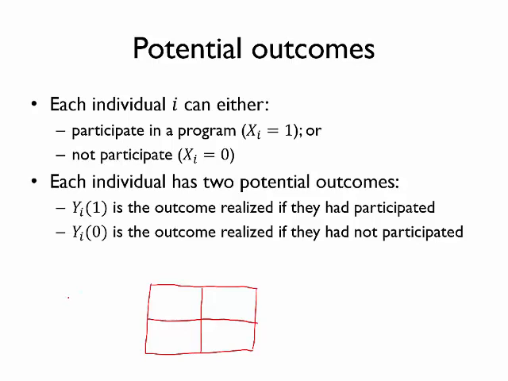An individual could either be in a control group, meaning that they are not participating in a program, or they could be in the treatment group, meaning they are participating in that program. But each of these individuals still have these 2 potential outcomes.